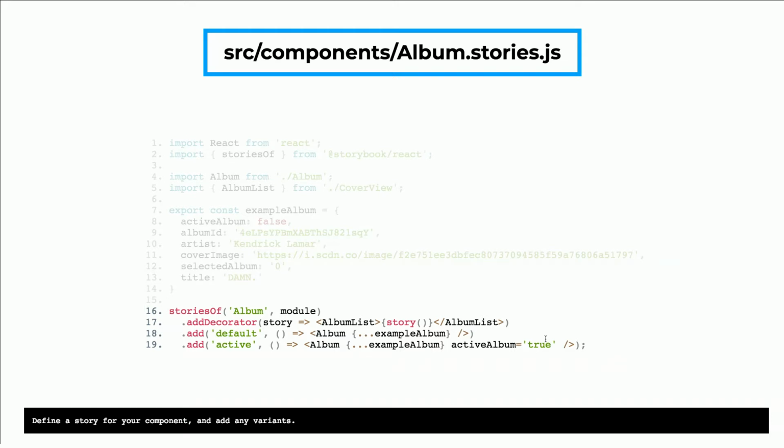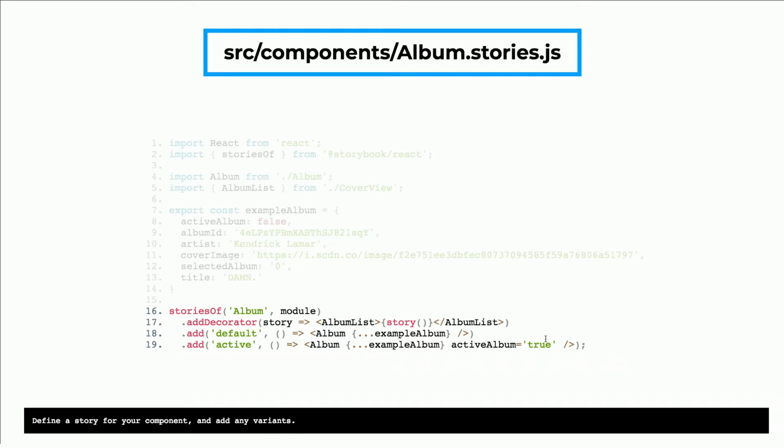And then we add the different variants of our story. So there's a default example. So give it a name, and then there's an arrow function that just renders the component. So we're rendering the album JSX there. And then we're just taking the example album object, and in the curly braces there, we're doing an object spread. You may or may not be familiar with that in ES6 or newer JavaScript.